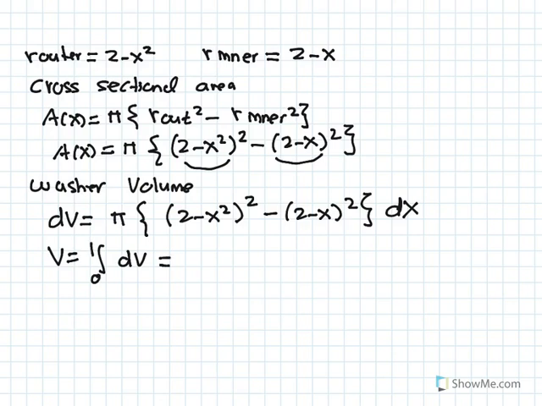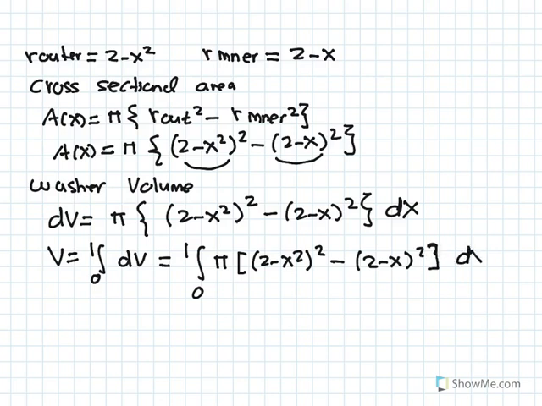So it's going to be the integral from 0 to 1 of pi times (2 minus x squared) all squared, minus (2 minus x) all squared, dx. All right, so that's the volume, and we can move the pi out. Pi is a constant.